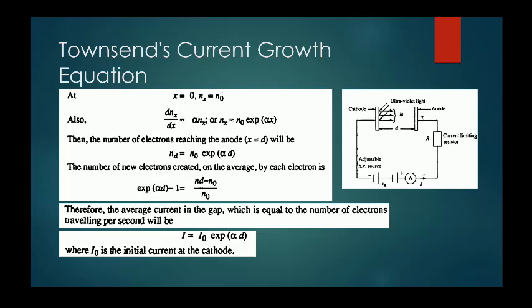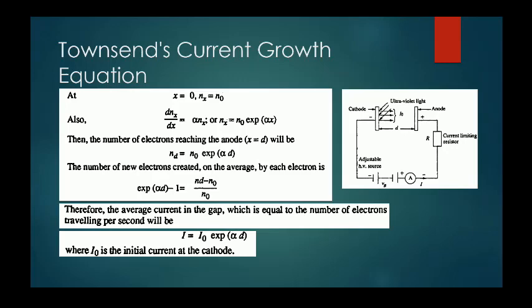So at the point x equal to 0, we are on the cathode side, and when x equal to d, we are on the anode side. Initially at x equal to 0, nx, that is the number of electrons at a distance x, is n0, since we are starting with n0 as the number of electrons at the cathode.